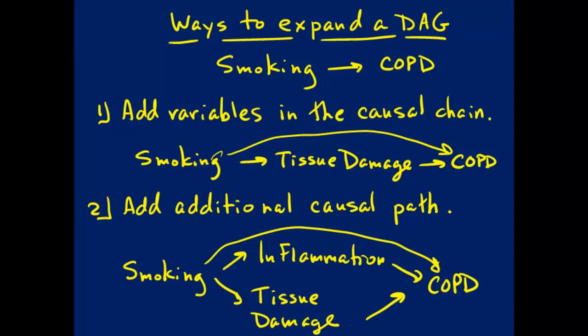Now that we've talked about the structure of a DAG and some of the principles about building a DAG, what I want to turn to now is how we use the DAG to think about which variables we want to condition on in order to control the confounding between the exposure and the outcome variable in our model.